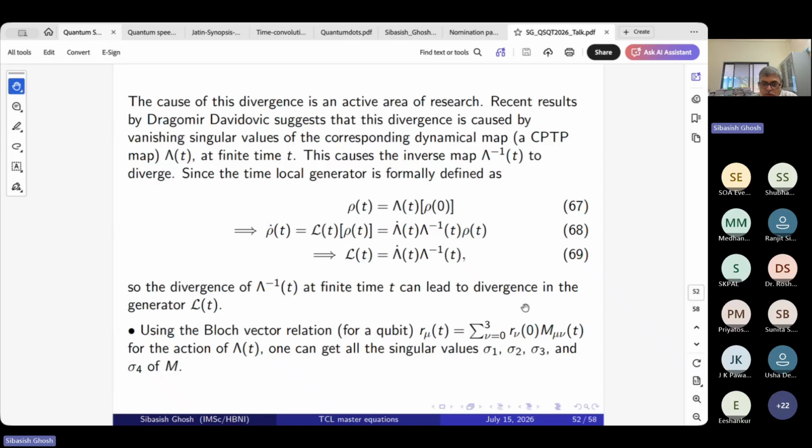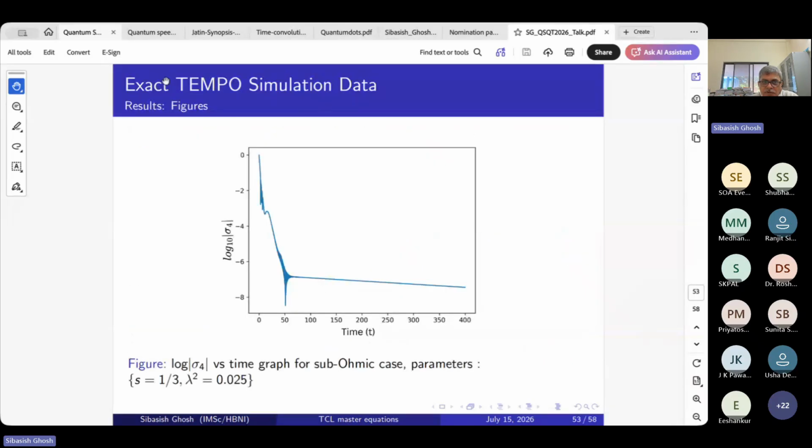In fact, if you take a single qubit system whose Bloch vector component can be written in this form under this map, you can look at the singular values. Basically, the singular values sigma 3 and sigma 4 give rise to the coherence of the density matrix, kind of. We have used this TEMPO simulation data, and it is quite resourceful.